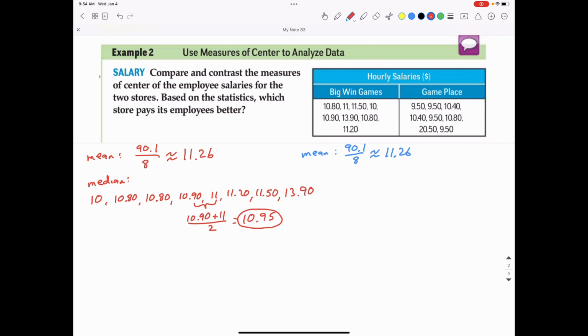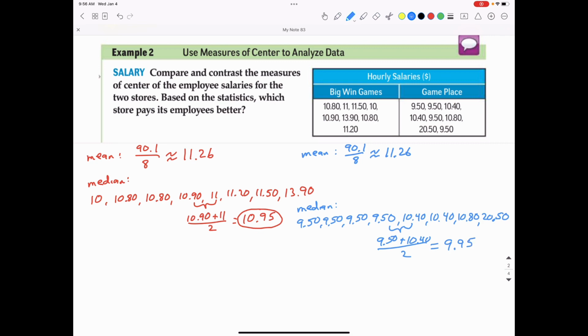We'll do the same thing to find the median for Game Place. That company is also not in numerical order, so we'll have to put those in numerical order. And there we go, I've put the Game Place wages in numerical order. The numbers in the exact middle are 9.50 and 10.40, so I would add those together and divide by 2, which would give us $9.95.